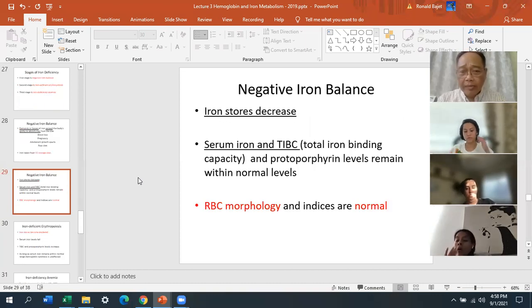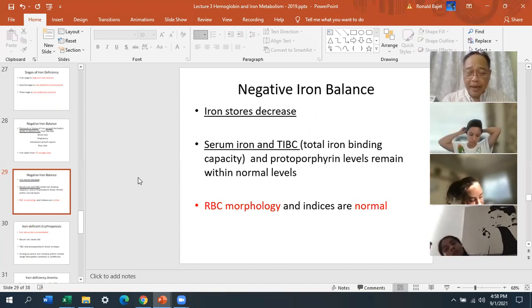So in negative iron balance, iron is stored in the reticuloendothelial site. That's where iron is stored. Okay, so your stores are decreased but not depleted. Your serum iron and TIBC, the total iron binding capacity, are still at normal levels.